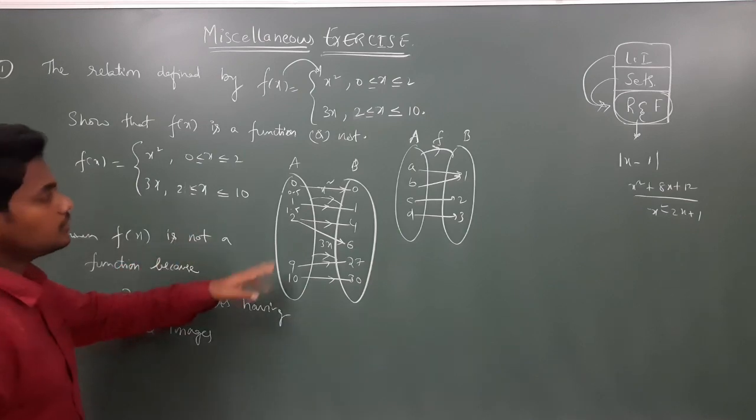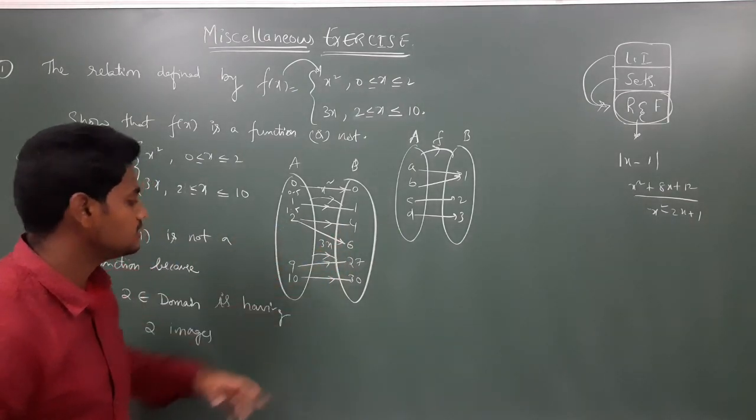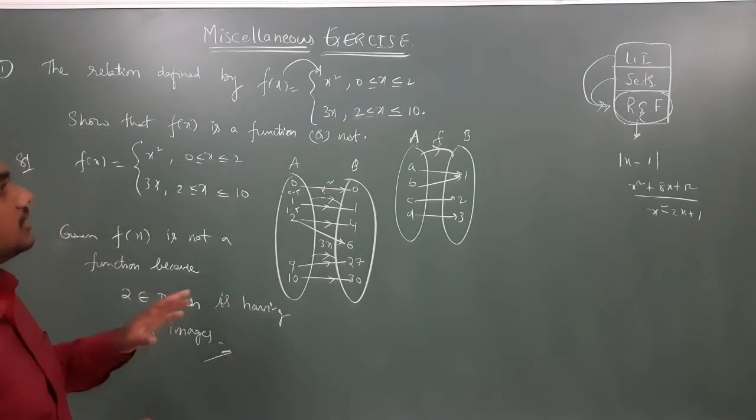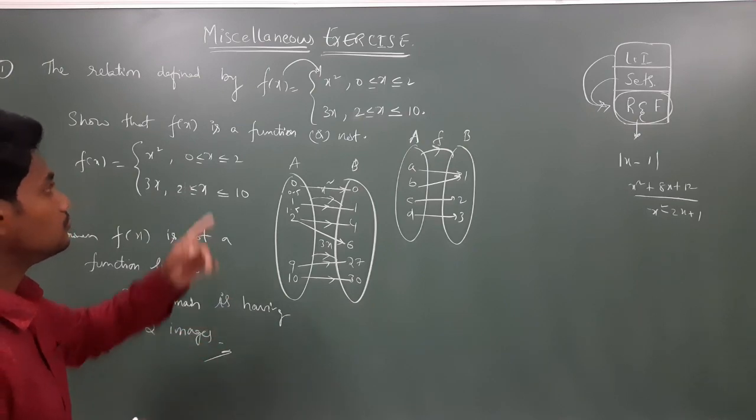Every element of set A should have one and only one image, but 2 is having 2 images, 4 and 6. Therefore it is not a function. Did you understand? Problems like this will also be there. They will ask for 2 marks. So pause the video and note it.